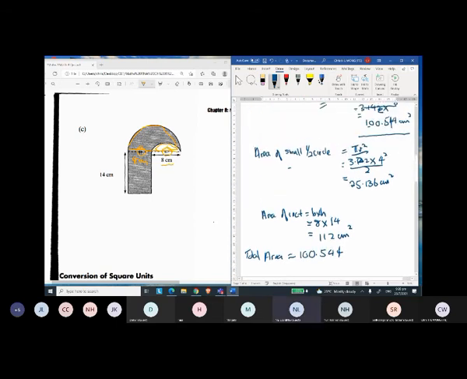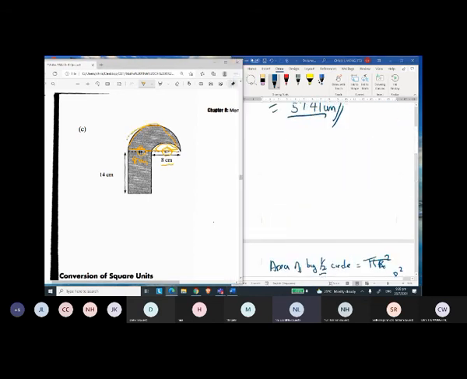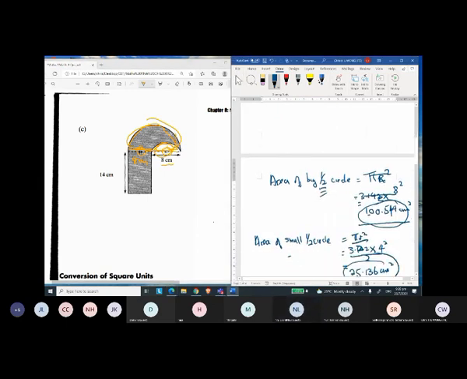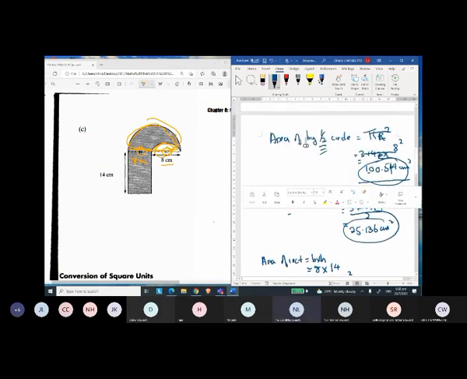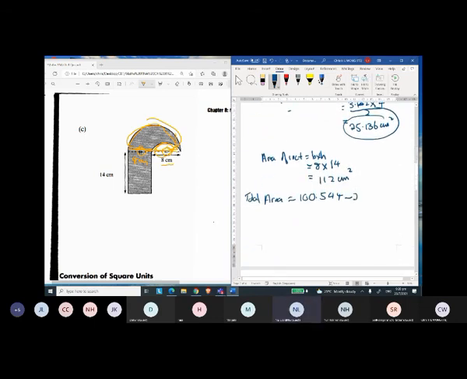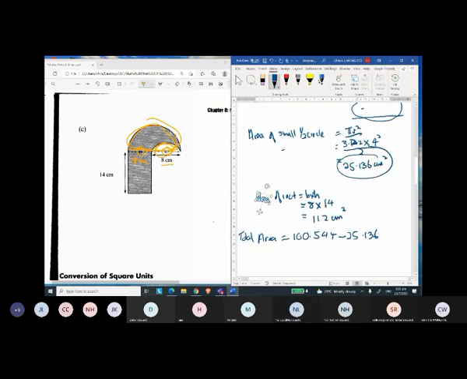Minus the smaller one, 25.136, and then you must plus the rectangle, which is actually 112. Am I right? Do you agree now?